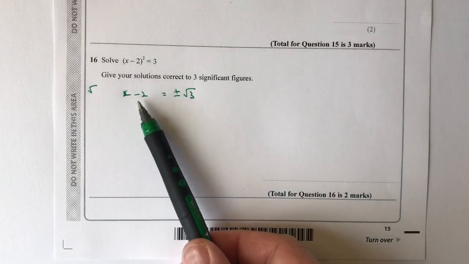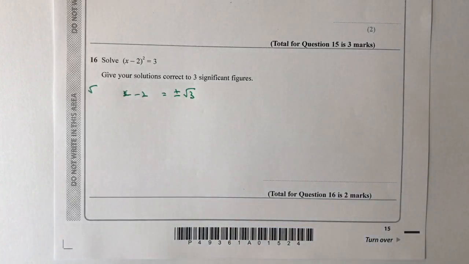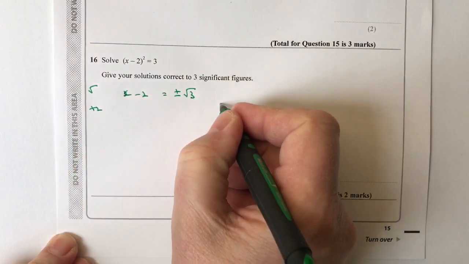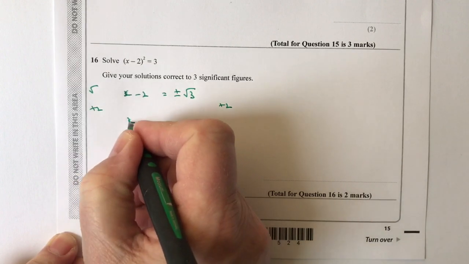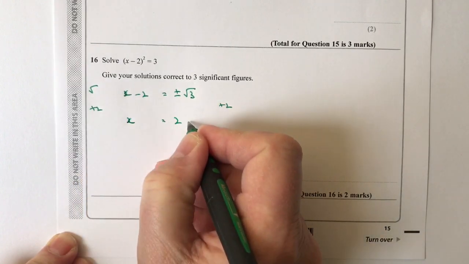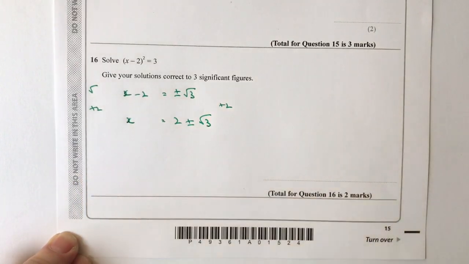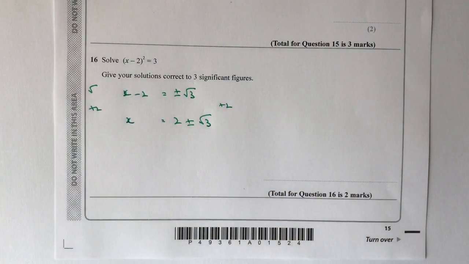Okay, I've got this minus 2 here I need to get rid of, so I'm going to add 2 to both sides. Okay, so I get x equals 2 plus or minus the root of 3. I need to calculate both of those.